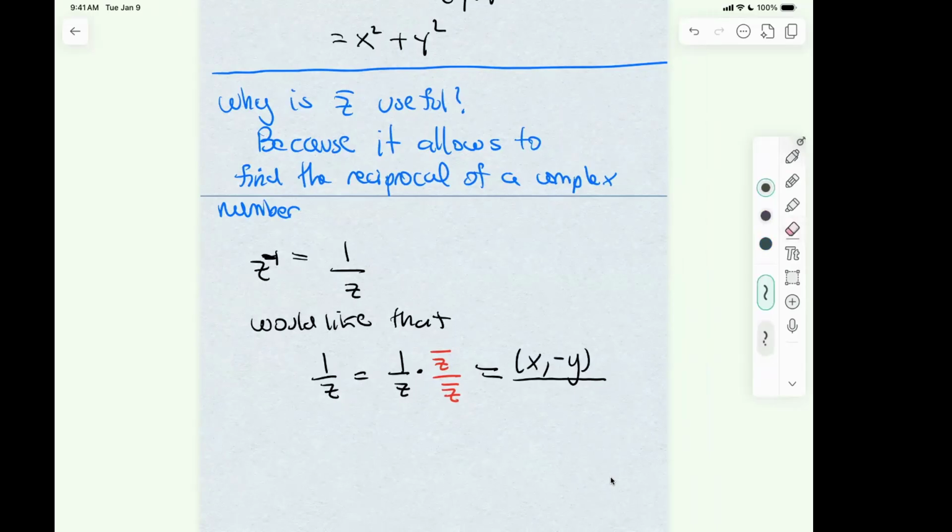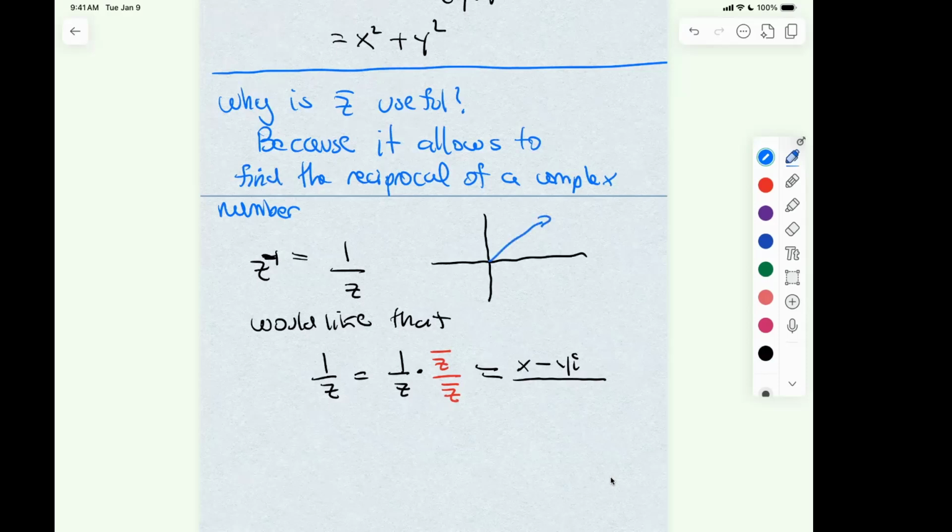This is the same as x minus y times i, right? Again, just to do the picture, maybe this is x plus iy, or y times i, right?